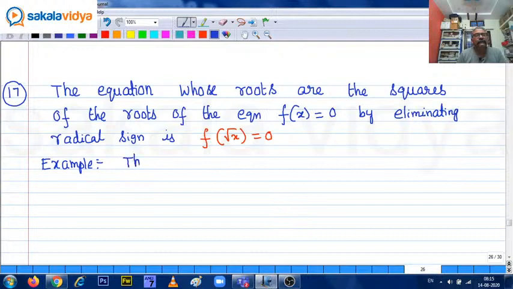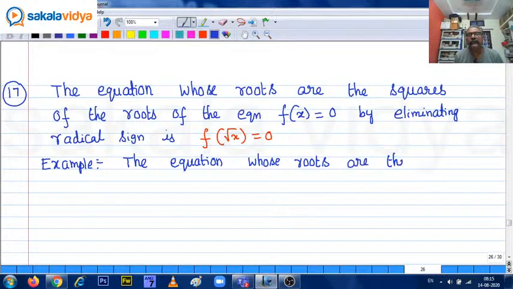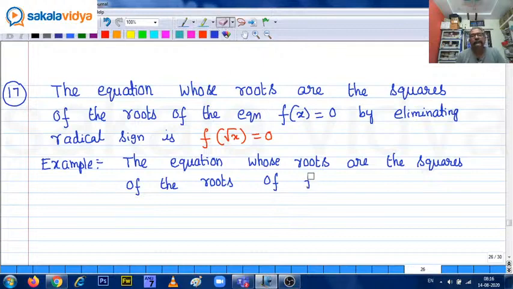Example: the equation whose roots are the squares of the roots of x square plus x plus 1 is equal to 0.